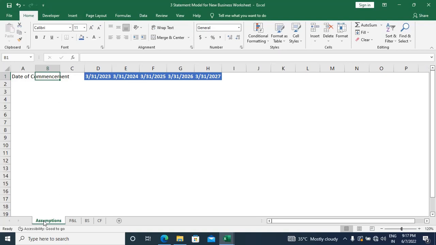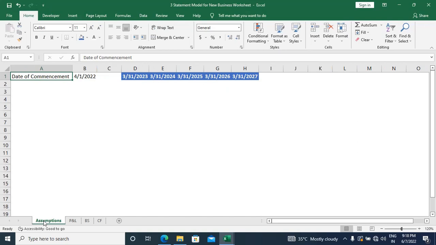So in the B1 cell I am writing the date of commencement, that is April 1st 2022. Now this thing is getting hidden. I did Alt OCA to make it clearly visible to all of you.